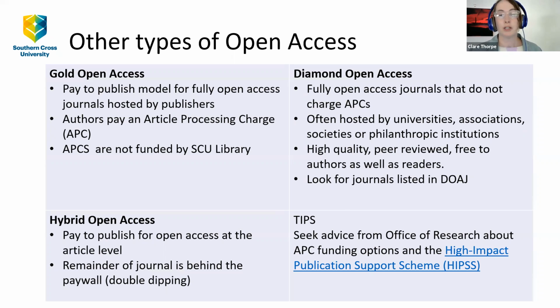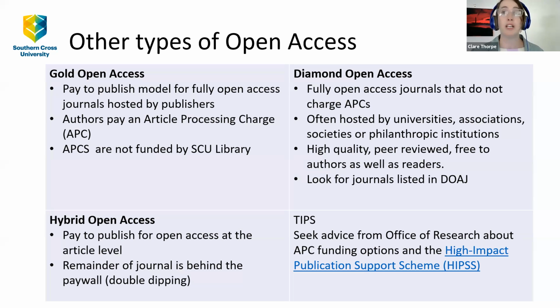So the first one on the top left-hand side there is called Gold Open Access. So these are fully open access journals, mostly hosted by commercial publishers. And rather than the library purchasing access to the publications through a read subscription, as we do with a traditional publishing model, Gold Open Access journals are funded through the authors paying what's called an article processing charge, or an APC.